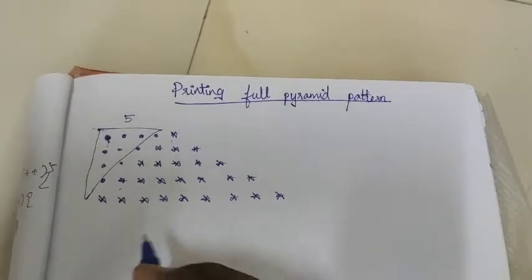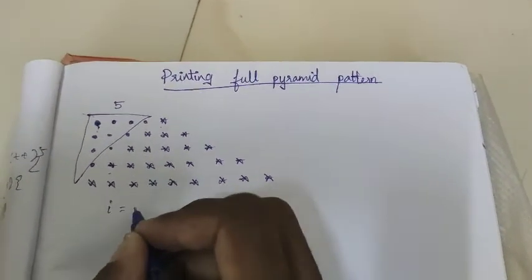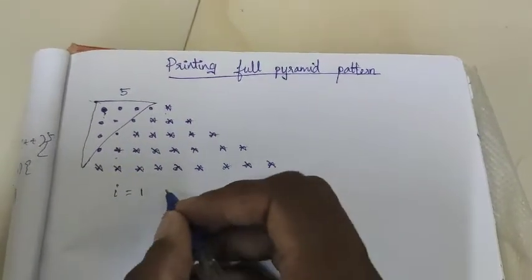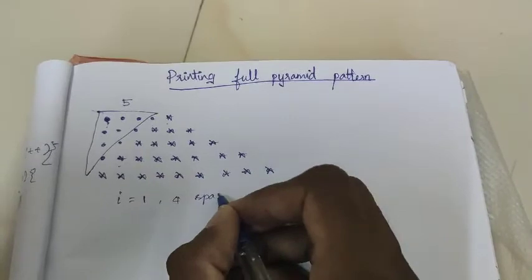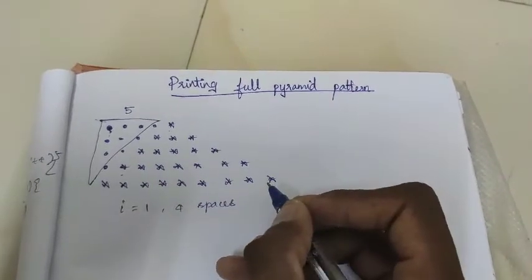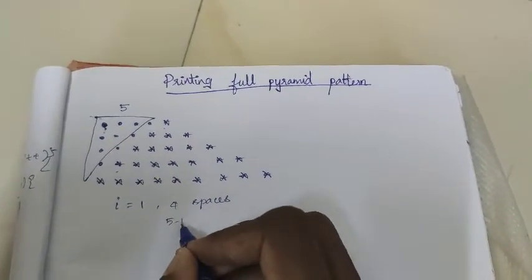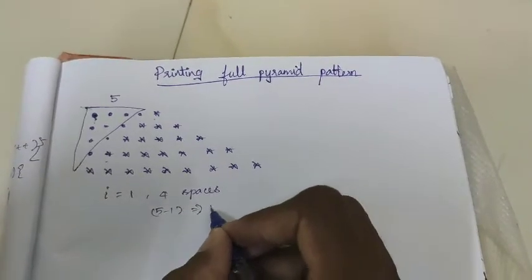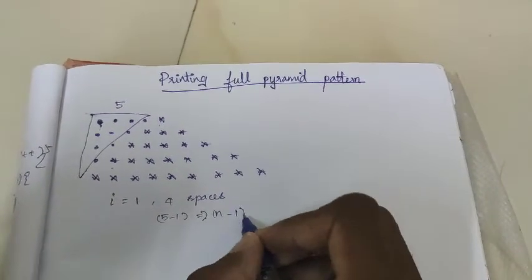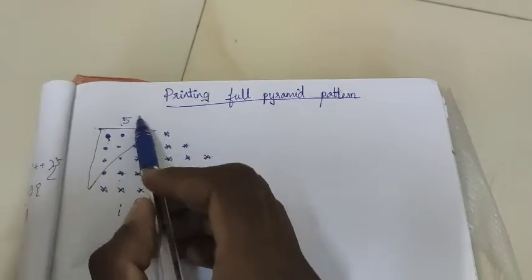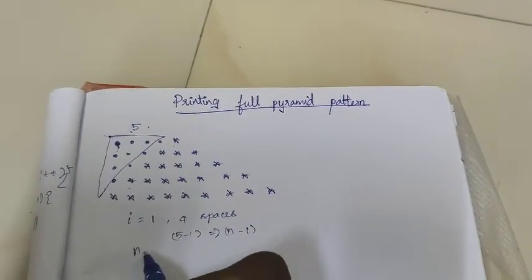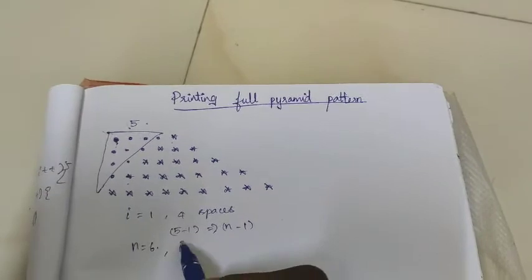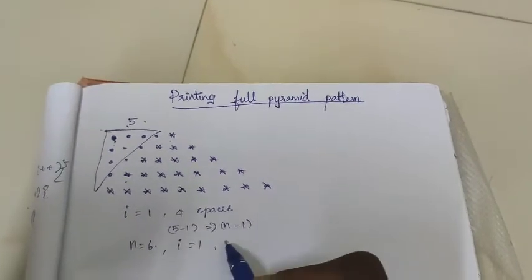When i, that is the row, is equal to 1, I am going to print 4 spaces, which is 5 minus 1, or n minus 1. Here I am assuming n to be 5. As a whole, when n is equal to 6 and i is equal to 1, I get 5 spaces.